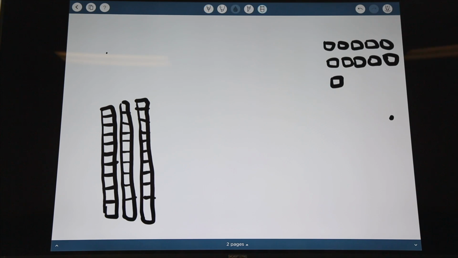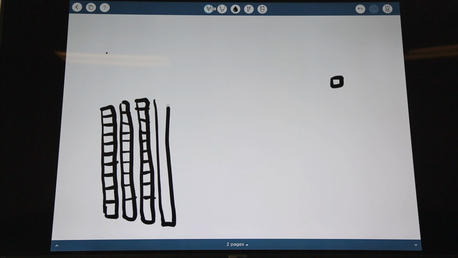And last but not least, we have 1, 2, 3, 4, 5, 6, 7, 8, 9, 10. Look at that. We can erase all these ones here and make another row. And I'm left with? 40.